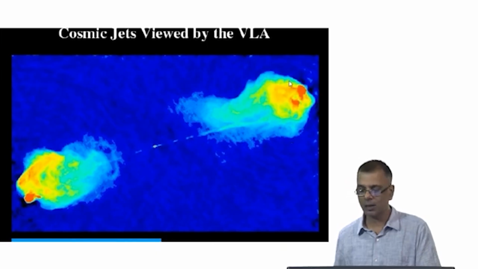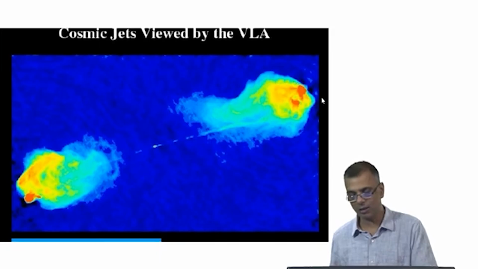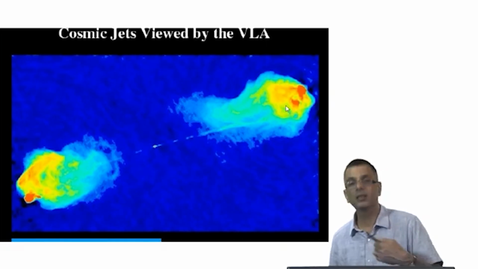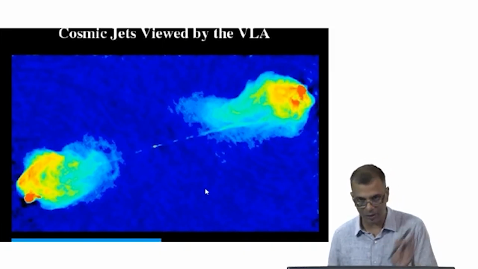Up until the point where the density of the interstellar medium increases so much that the flow cannot push against the interstellar medium anymore, and it comes to a halt and splatters all over. But that's not our concern right now.